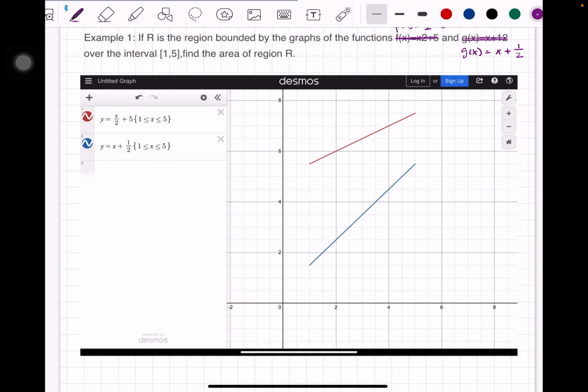So to set it up, we're going to use the function on the top minus the function on the bottom, and we're going to integrate them from x equals 1 to 5.